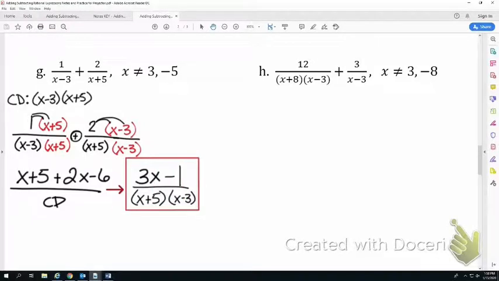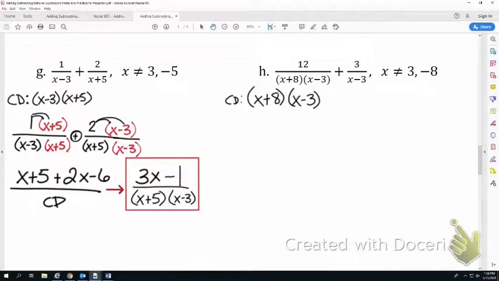No. Is it okay if you're good on that? I want you to go ahead and attempt H. Make sure you're using that as your common denominator.